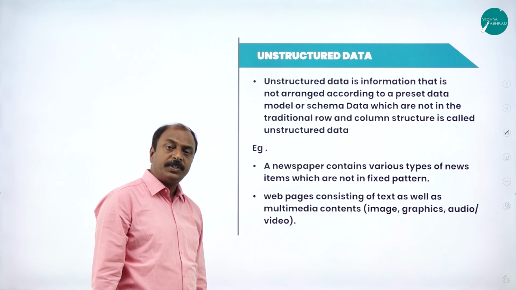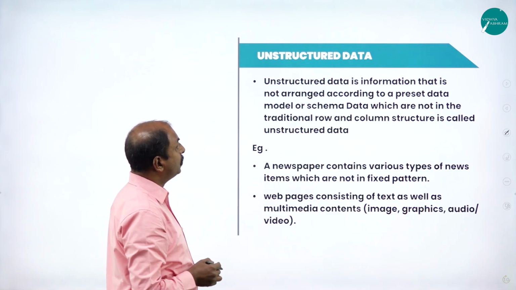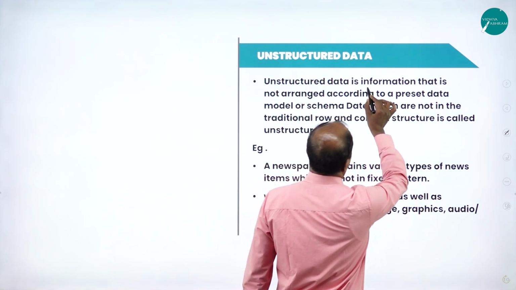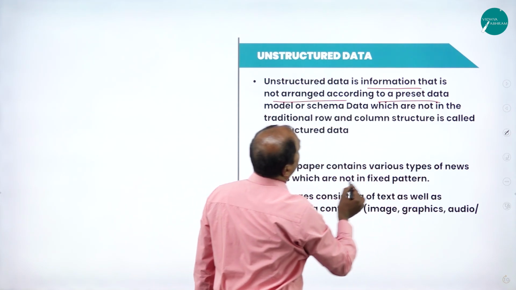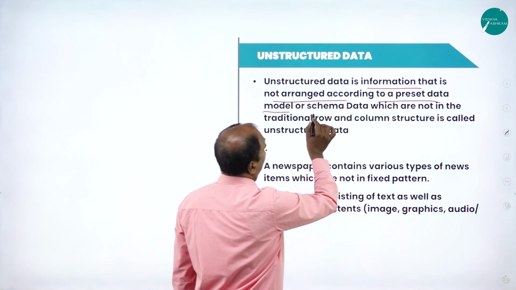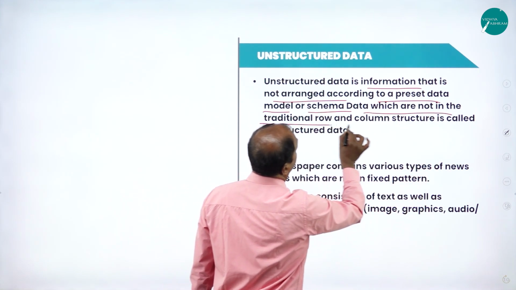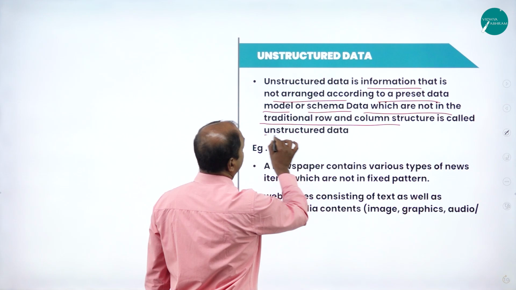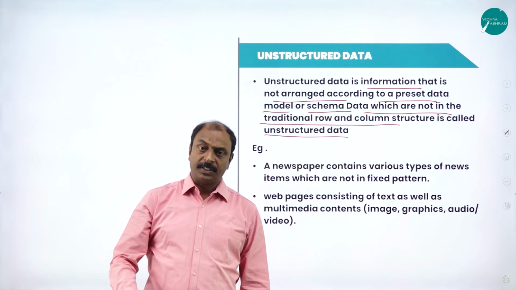Now let us see the definition of unstructured data. What is unstructured data? Unstructured data is information that is not arranged according to a preset data model or schema. Data which is not in the traditional row and column structure is called unstructured data. It is the opposite of structured data.